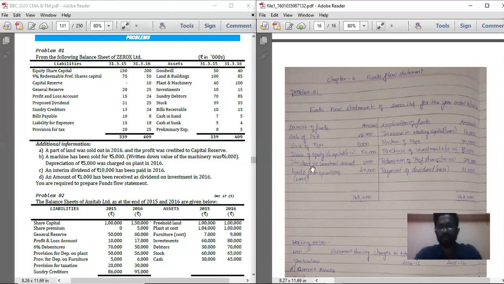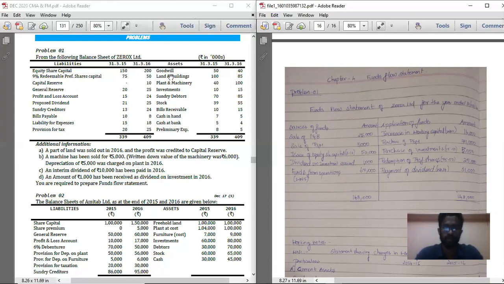In respect of sources of funds, below sale of plant and machinery, record dividend on investment received. In the amount column, record 1,000 rupees. So that is the different adjustment they have given.